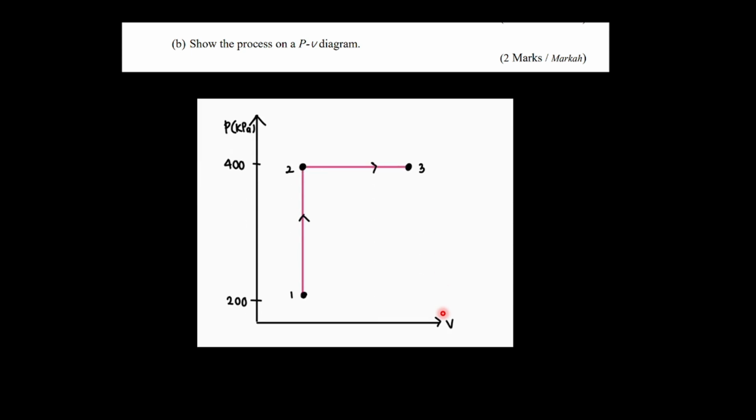So we go to question B. Show the process on a PV diagram. The PV diagram should look like this.